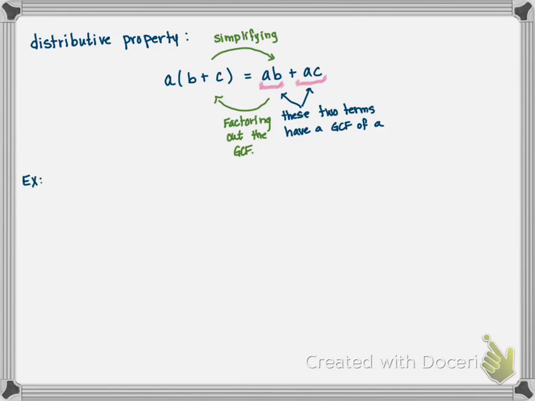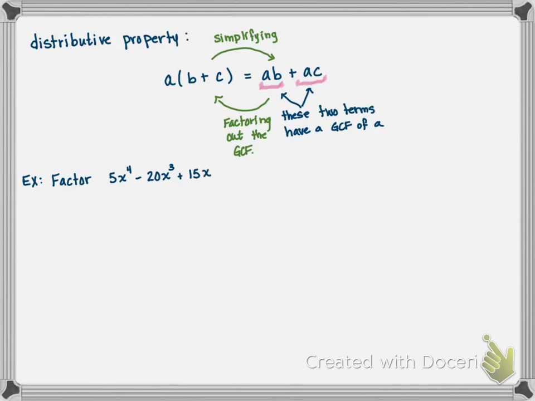How about 5x to the fourth minus 20x to the third plus 15x.